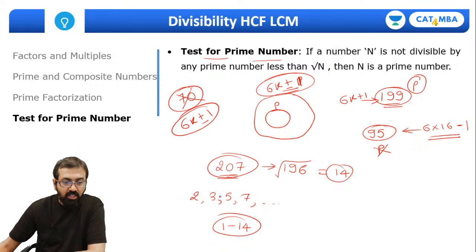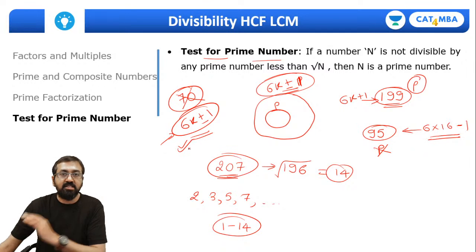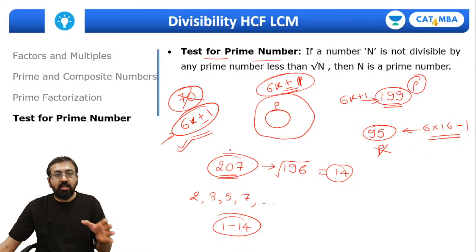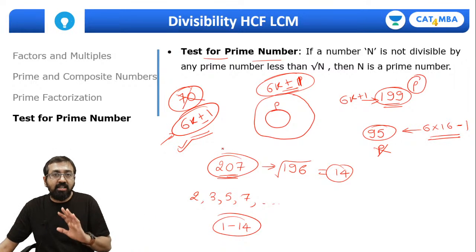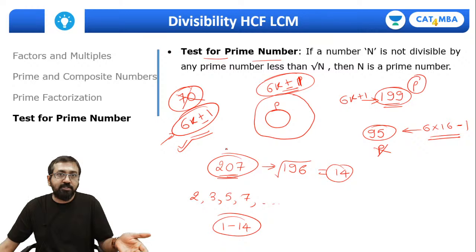Okay, that's one rule. As mentioned over here, you can also check that if any number is a prime number, it has to be of this form: 6k plus or minus 1. Every prime number is either 1 more than a multiple of 6 or 1 less than a multiple of 6. If that condition is not satisfied, it can't be a prime number.